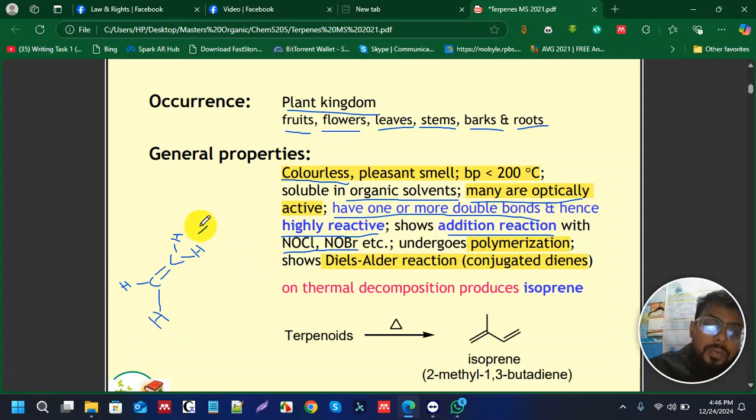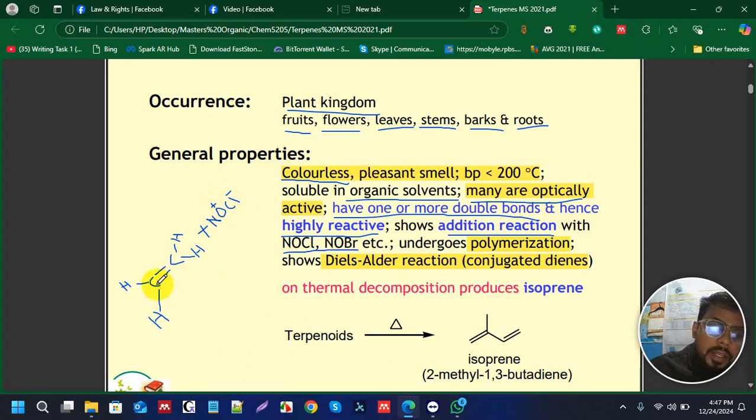We would like to add nitrosyl chloride. If we break down this compound, chlorine is more electronegative, so it will be chloride, and it will be the nitrosonium ion.